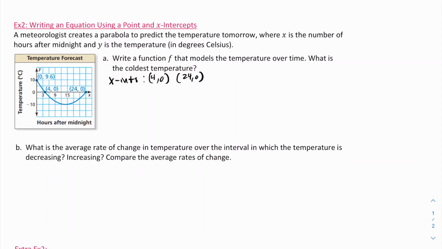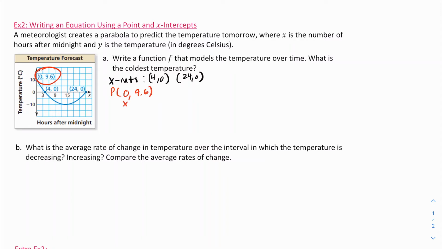We need to figure this out. So we also have a secondary point that's given. So the x-intercepts are that. The point that's given is (0, 9.6). That's this point up here. Okay? Let me write that neater. So (0, 9.6).